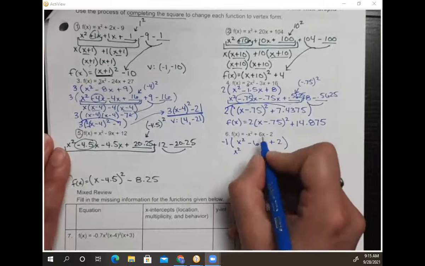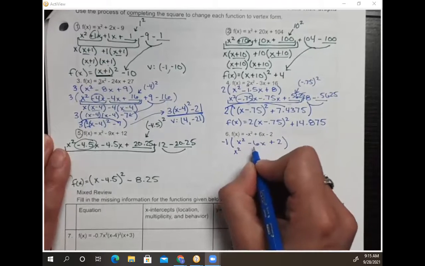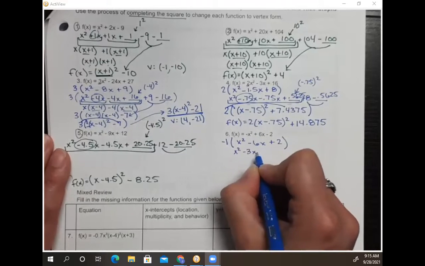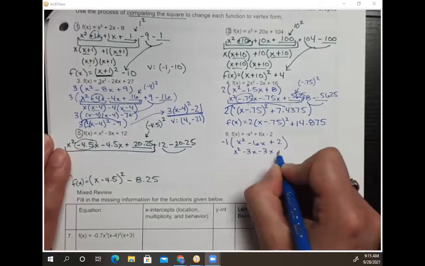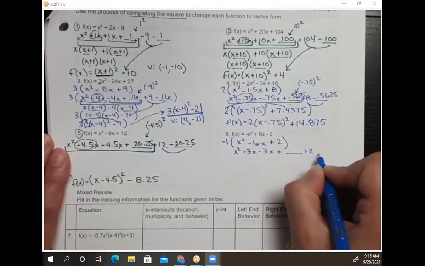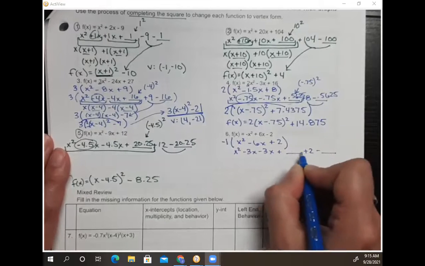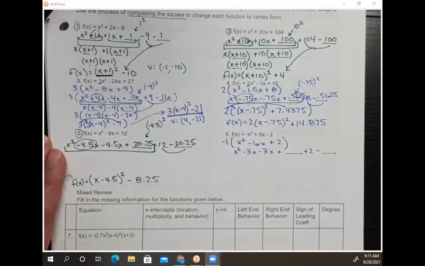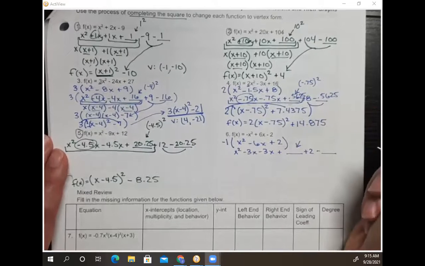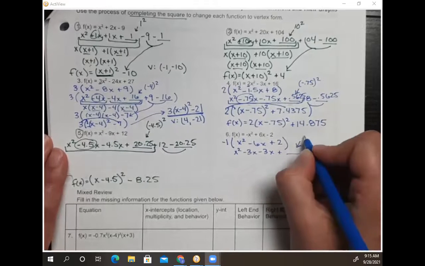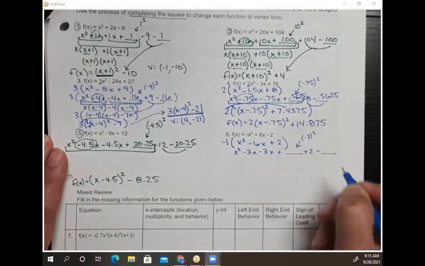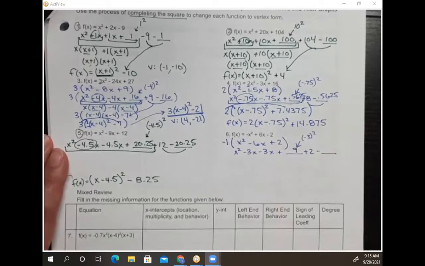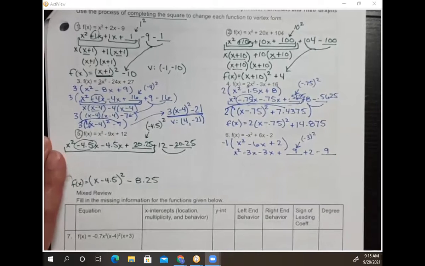So x squared, -6, cut in half would be -3. So -3x minus 3x plus something plus 2, and then minus whatever it is that I fill in the blank here. Remember, we fill in the blank with our cut in half number squared. That would be -3 squared, which gives me 9. So I'm filling in both blanks with 9.